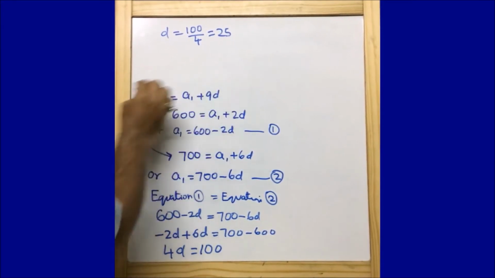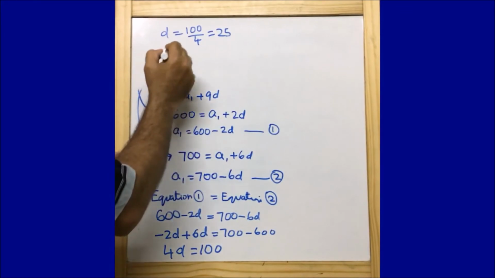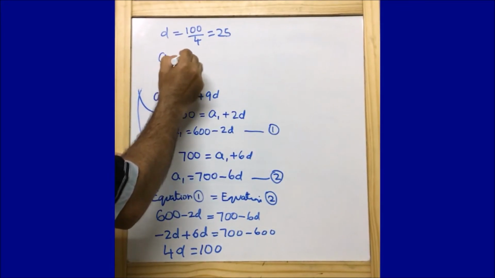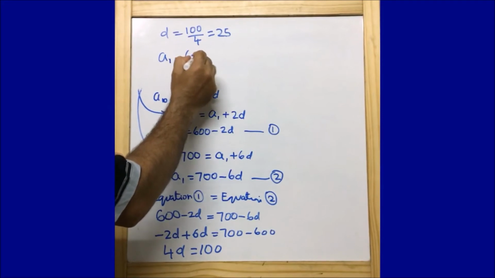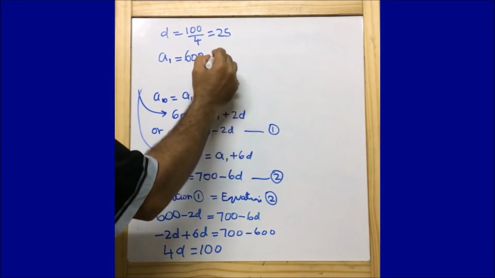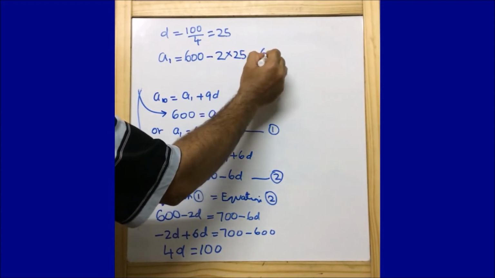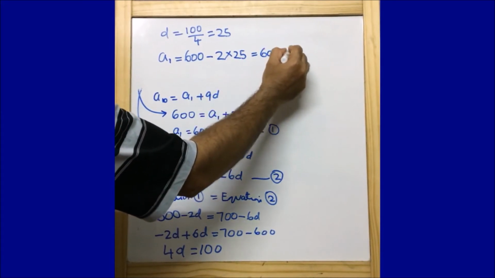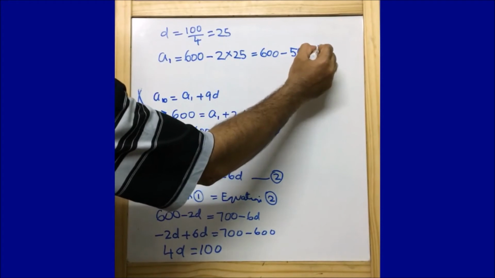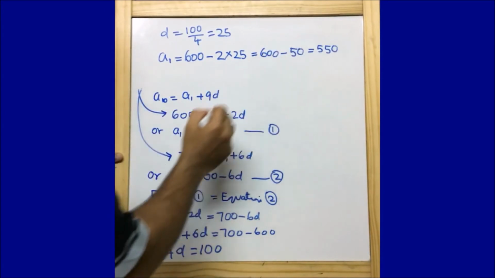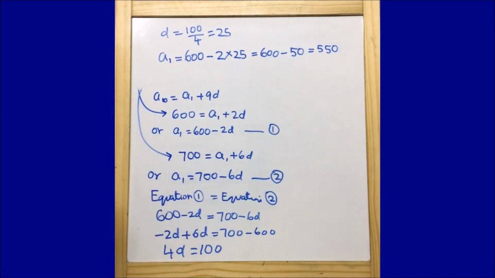Putting the value of d in equation 1, I am getting a1 is equal to 600 minus 2d, 2 into 25. So that is equal to 600 minus 50, that is equal to 550. So guys, we could get the value of a1 as 550.